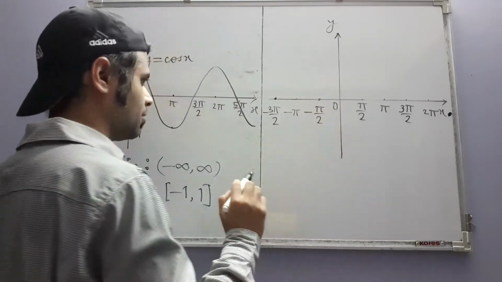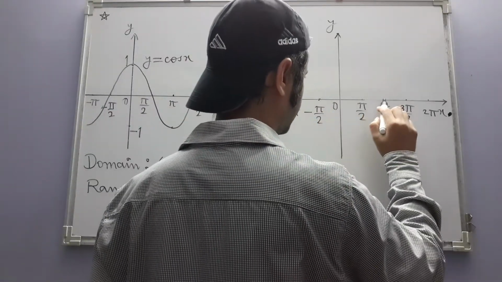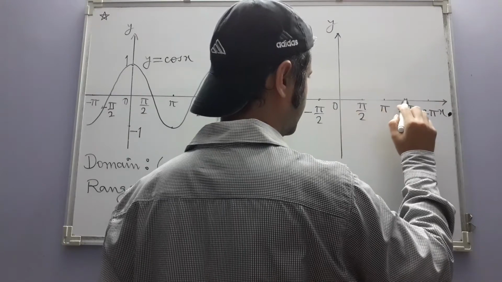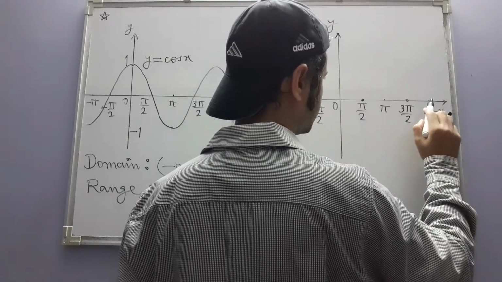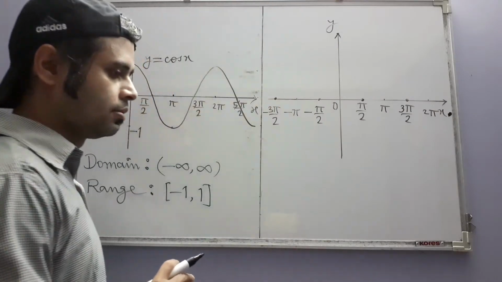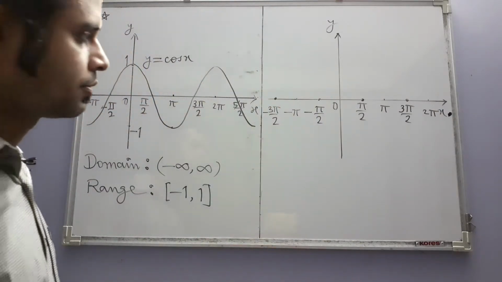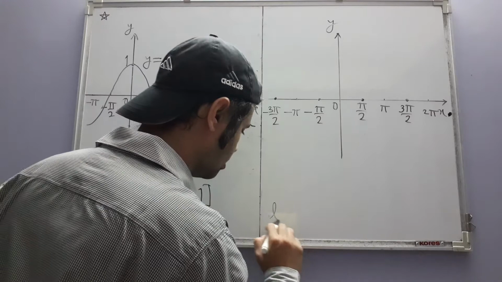Now you know from the definition of tan x or tan theta that it is not defined at those points where cos theta becomes 0. That is because of this relationship.